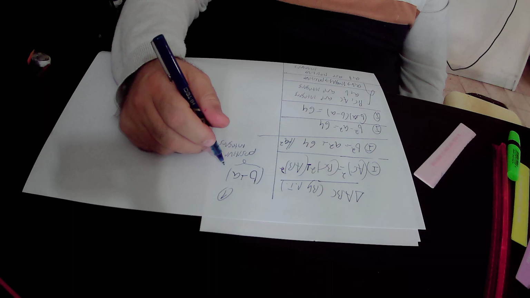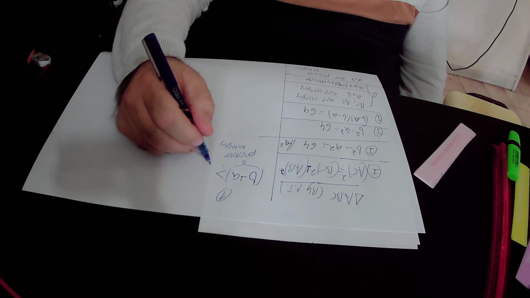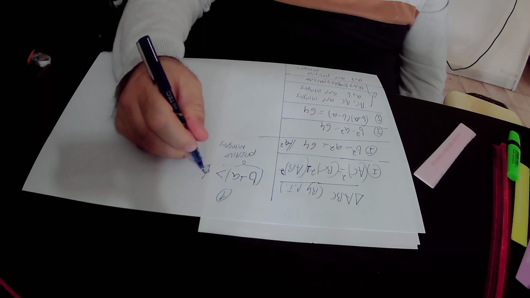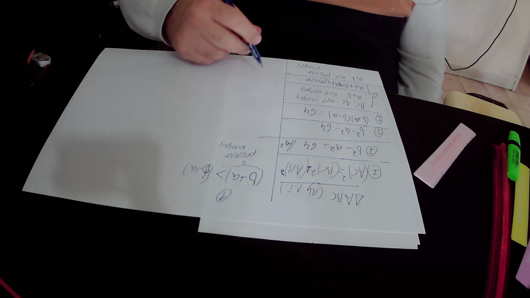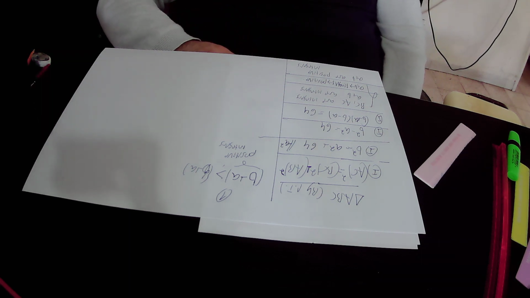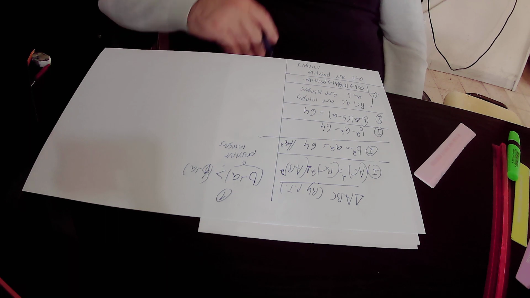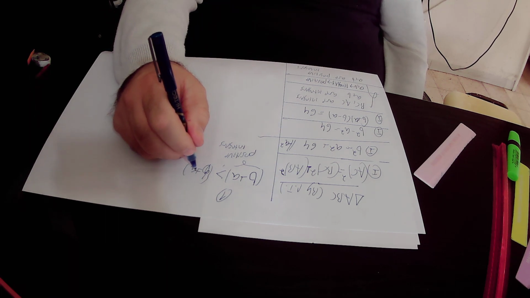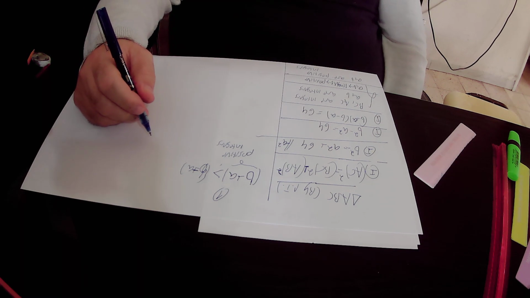But B plus A must be greater than B minus A, because when you add two positive integers together, the result must be greater than when you subtract one from the other.